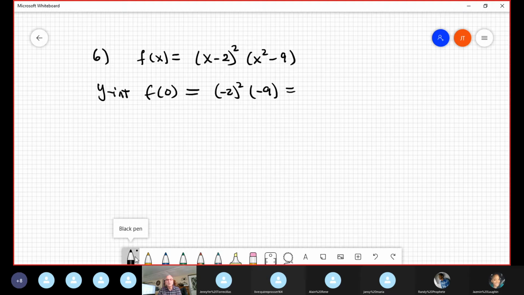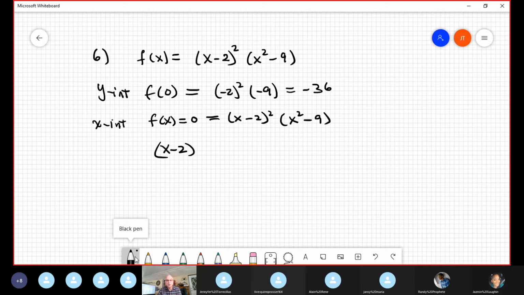This is 4 times negative 9, which is negative 36. And for the x-intercepts, f of x equals 0. In our specific example, x minus 2 squared equal to 0 is equivalent to x minus 2 equal to 0.